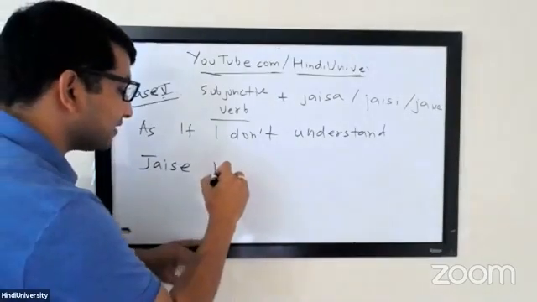Jaise mujhe samajh nahi. I don't know the rest. You can say it many ways. You can say jaise main.